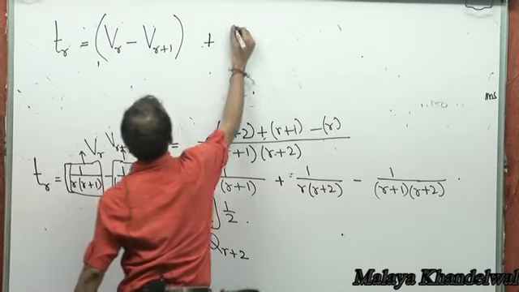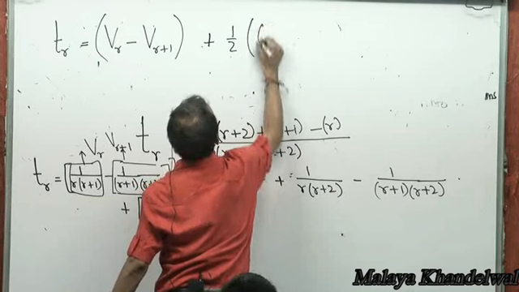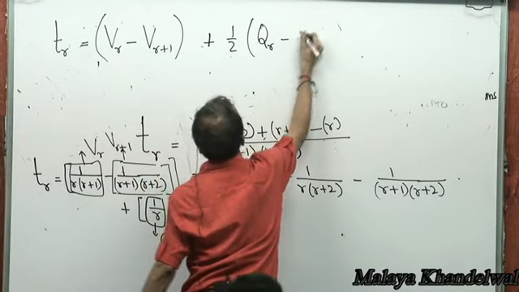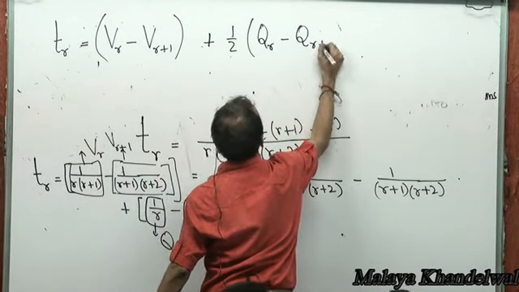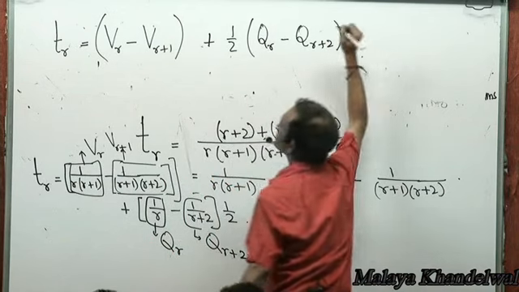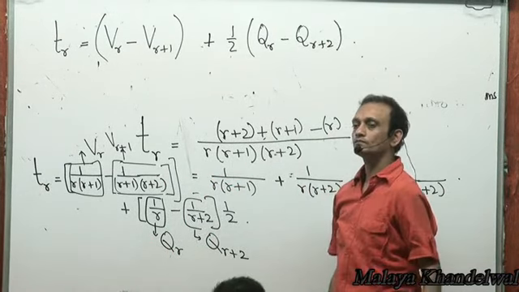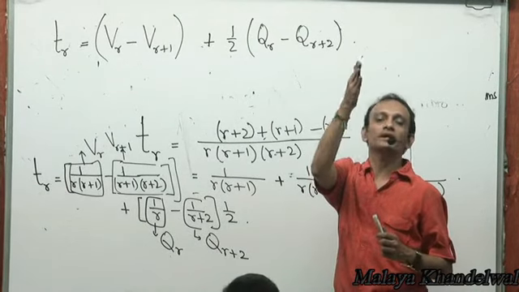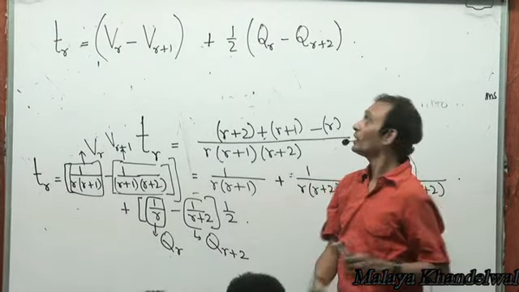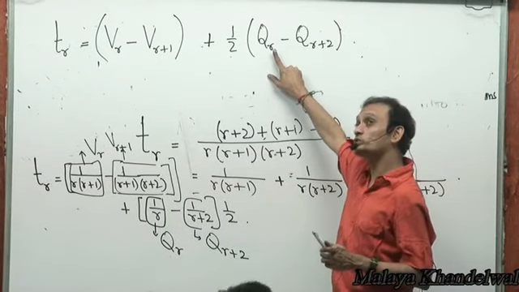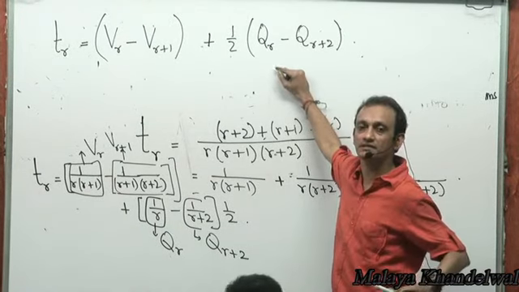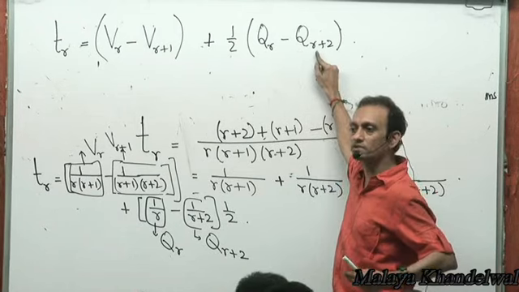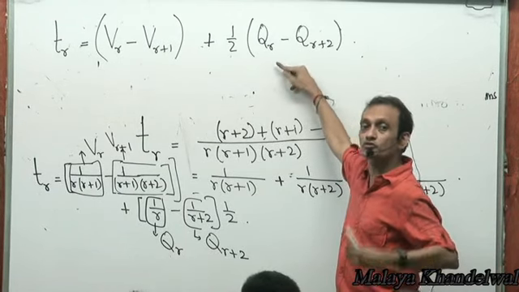So plus half of... now I would leave the rest to you. Plug in r equal to 1, 2, 3, n. In this case, terms would get cancelled from alternate brackets. QR minus QR plus 2, and so on and so forth.